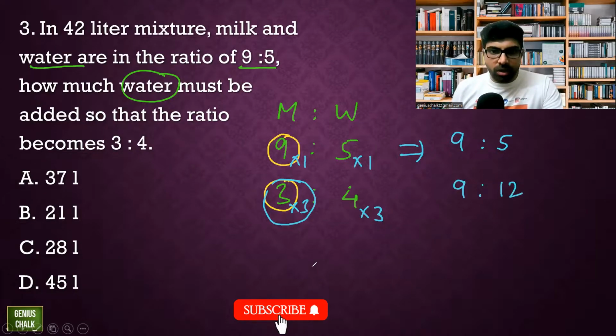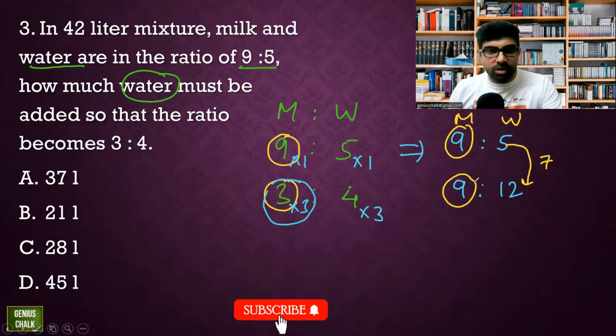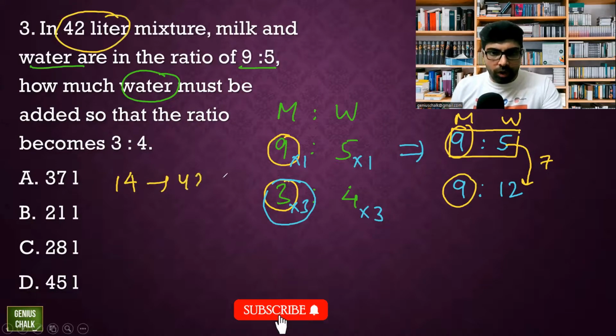Now the same concept we'll see. What is the change? This was milk, this is water. So 9 and 9 are the same. The change in water is 7 units. And what is the total? Milk and water, it is 14 units. 14 units is equal to 42 liter.